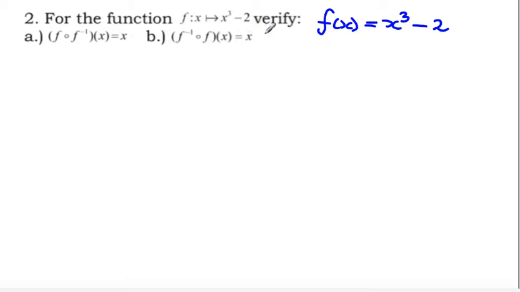And here you are asked to verify certain things. And don't forget this little circle here means just a composition of functions, or composite functions.